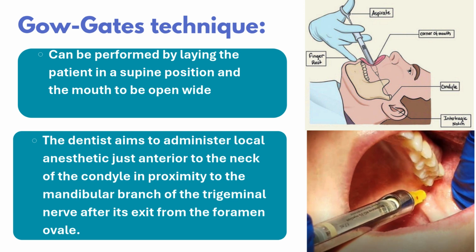The dentist aims to administer the local anesthetic just anterior to the neck of the condyle, near the mandibular branch of the trigeminal nerve after it exits the foramen ovale.